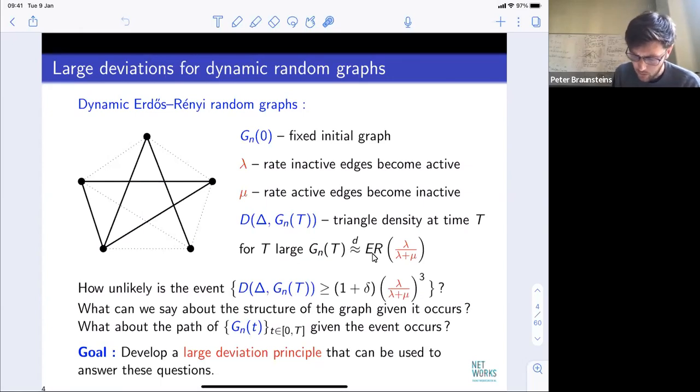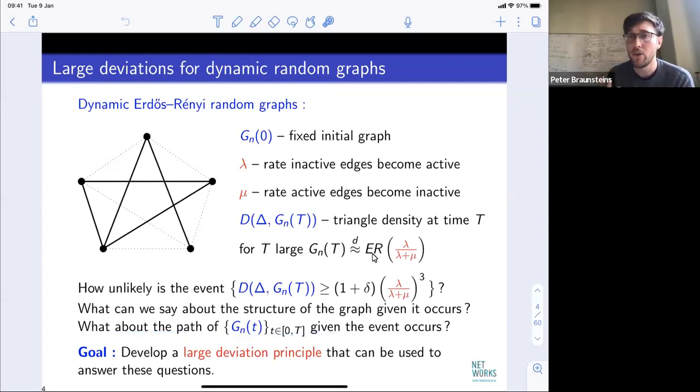And again, we can ask what we can say about the structure of the graph given there's an unusually large number of triangles. So those are the same two questions as in the static Erdős-Rényi random graph case. But we can also ask new questions now, in particular about the path of the process given this event occurs.